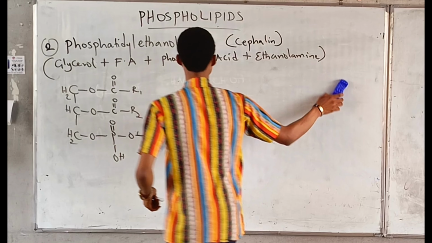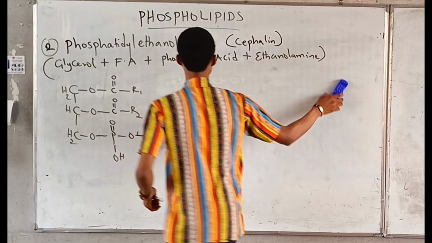But most of the times, in addition to the phosphoric acid, there is always a base attached. So most times glycerophospholipids have fatty acids, glycerol, what else?